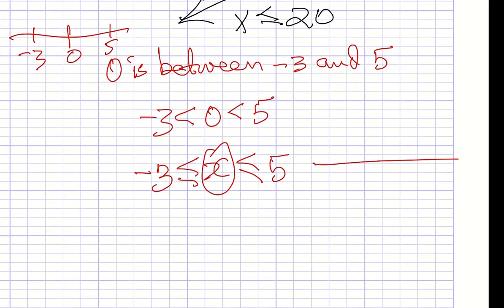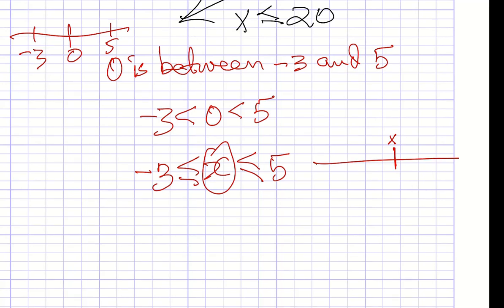To draw that, you're gonna draw it like this. So let's say X is here. Okay. And then if 5 is here and minus 3 is here. So the way you draw that, you're gonna put a circle here and a circle there, because minus 3 is included and 5 is included.